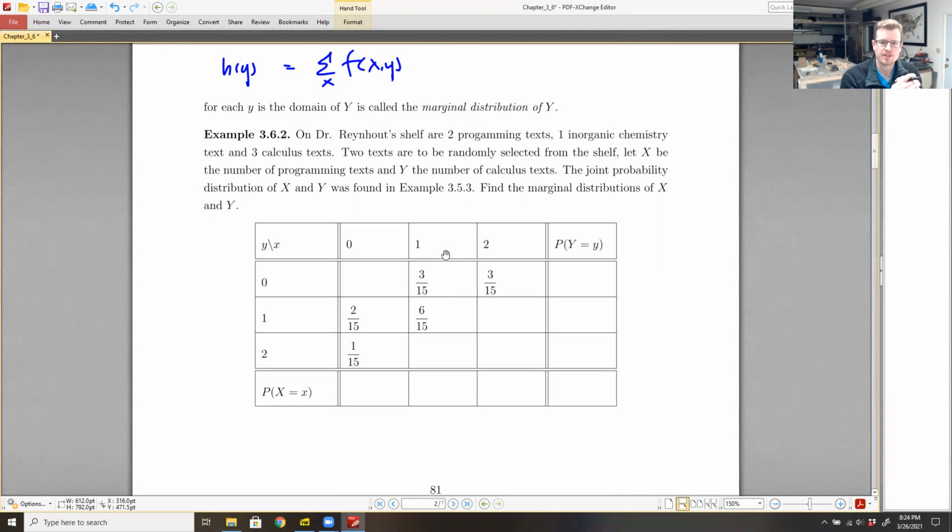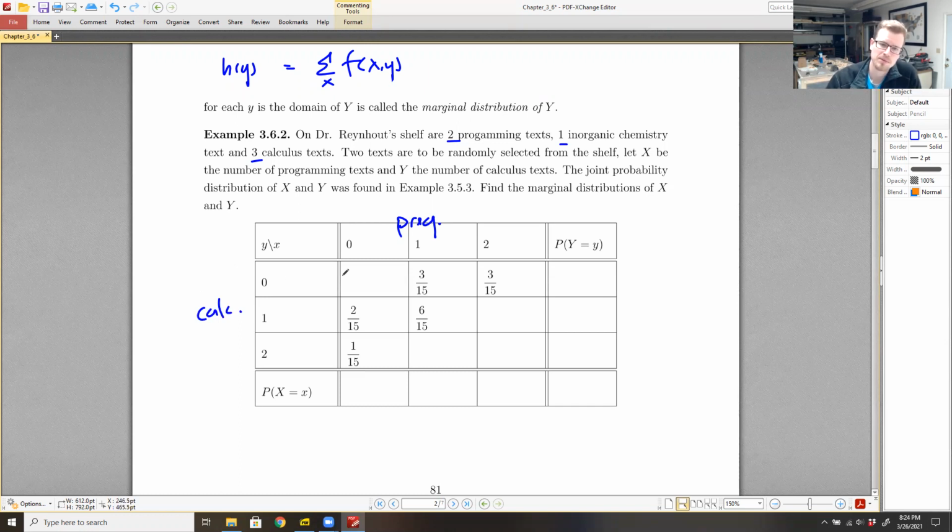In the previous section, we took a look at selecting two texts from a shelf, where we have two programming texts, one inorganic chemistry text, and three calculus texts. The random variable x is the number of programming texts, and the random variable y is the number of calculus texts.